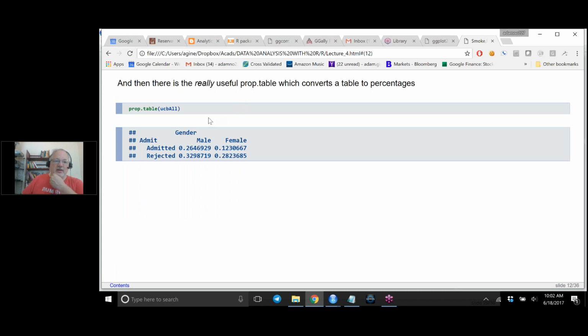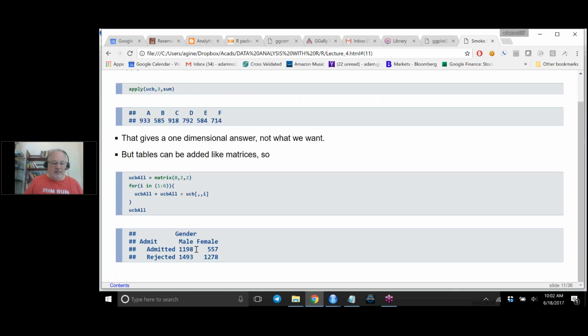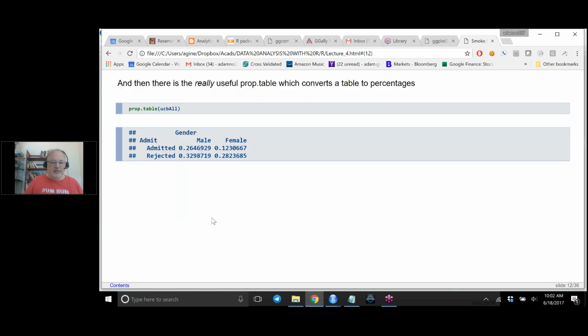Okay, and we can see this better if we use this other command, prop.table, that stands for proportion table. Proportion table will just create a table where instead of giving you the raw numbers like this, it gives you the percentages. So guess what? You add up these 4 numbers and you're going to get about 100.